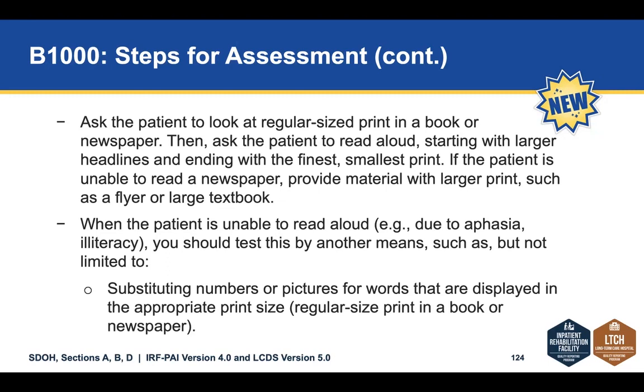If the patient is unable to read a newspaper, provide material with larger print, like a flyer or a large print book. If a patient is unable to read aloud due to aphasia or perhaps illiteracy, the patient should be tested using other means, such as, but not limited to, substituting numbers or pictures for words that are displayed in appropriate print size, like regular print in a book or newspaper.